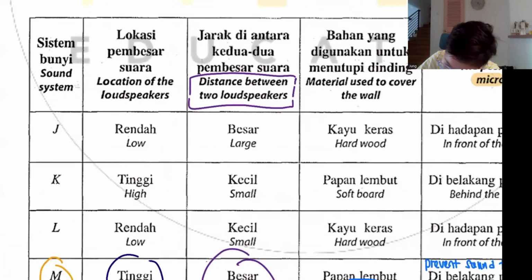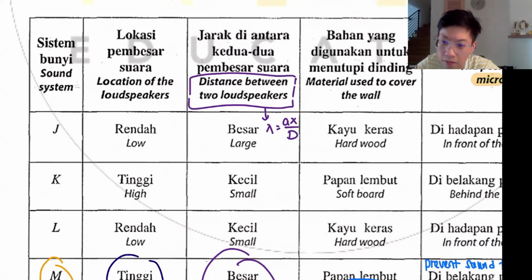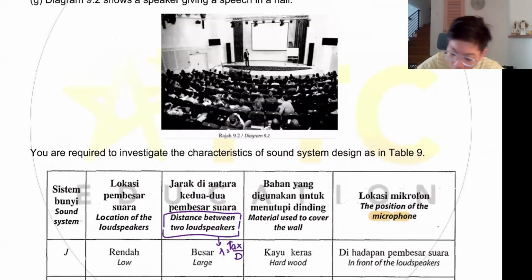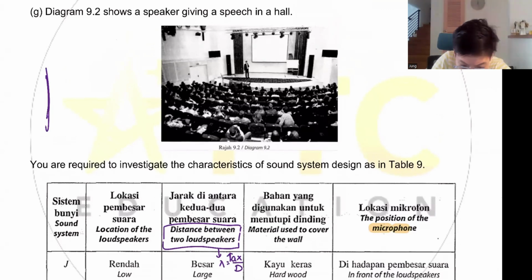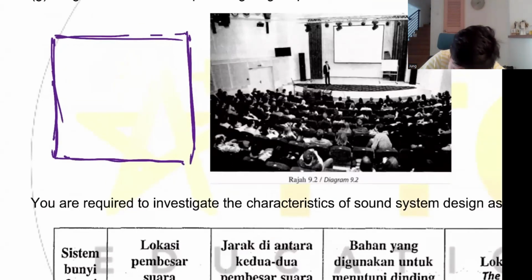Now, this distance between loudspeakers is related to interference, based on lambda equals x over d. The distance between two loudspeakers is a, x, d, or lambda? No, this is a. Okay, so in this case, in a hall, you will realize that now we have waves galore.